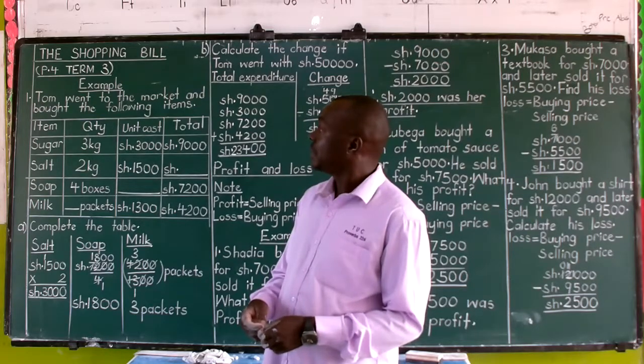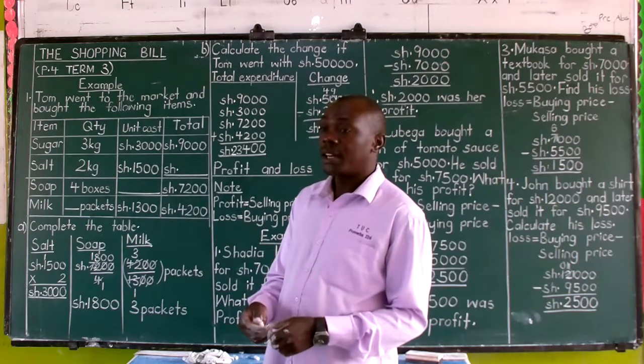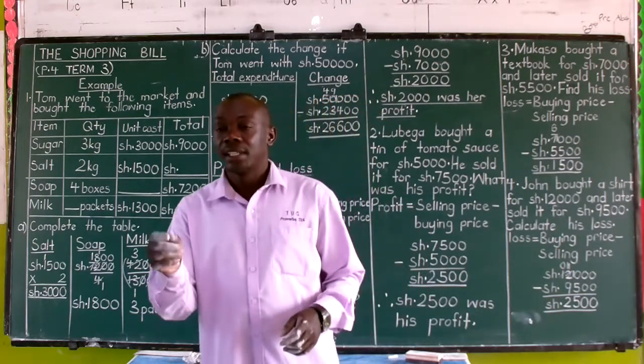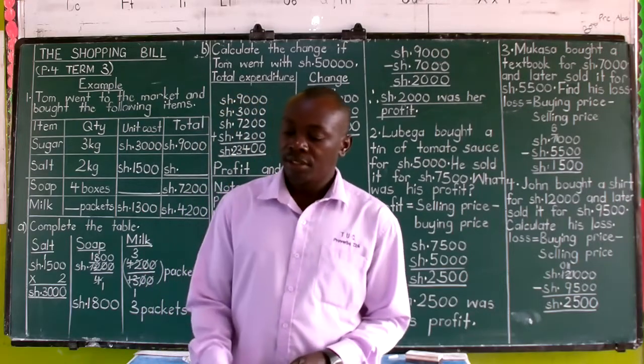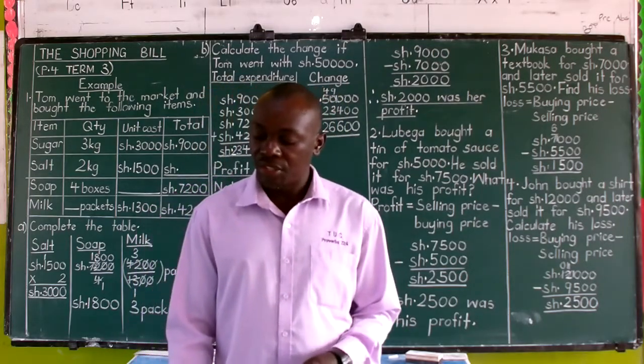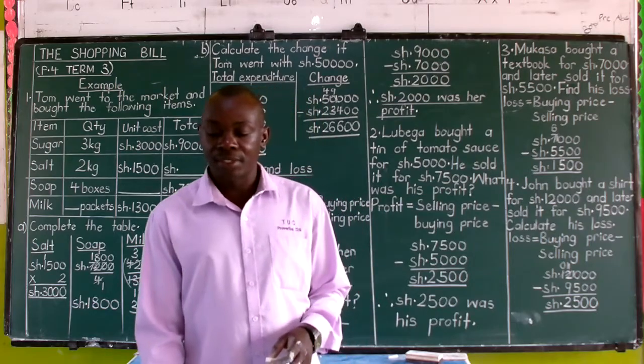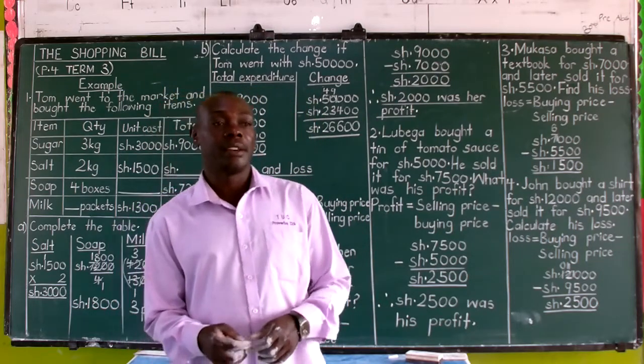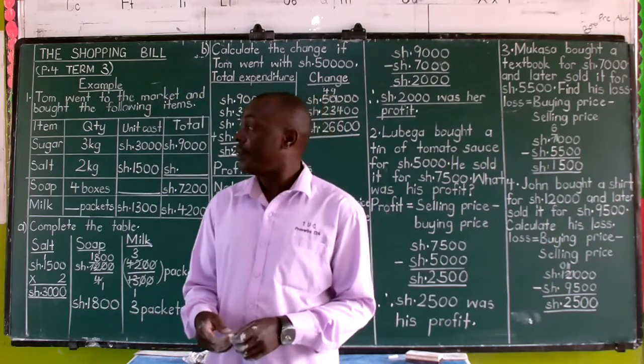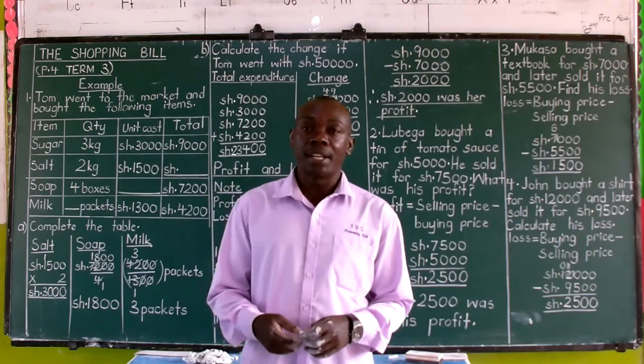Now term 3, we are looking at the shopping bill. You've all along been sent to buy items, then you come back crying when you are cheated somewhere. So never will it happen again.